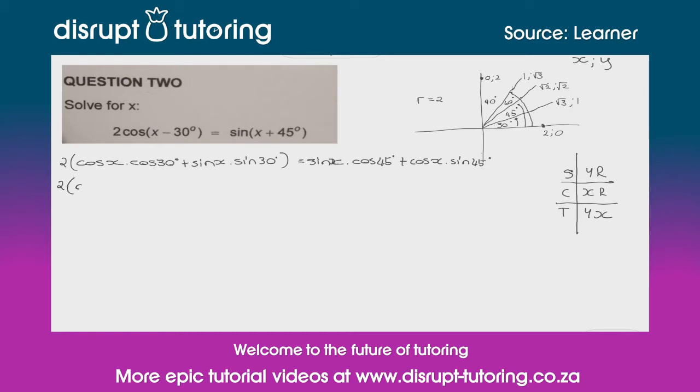So when we have 2, open brackets, cos x times cos 30 degrees, so cos we know is x over r.